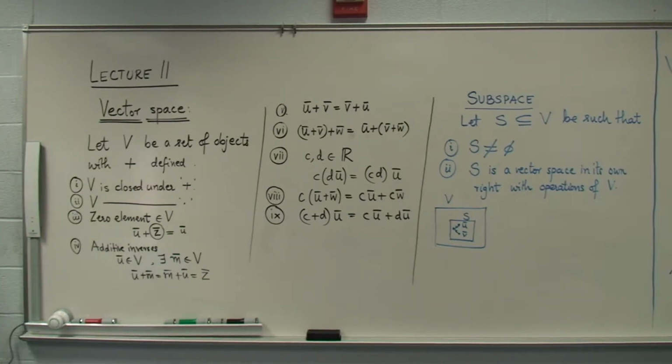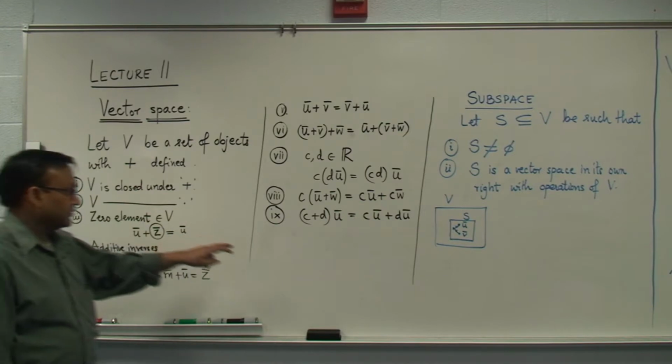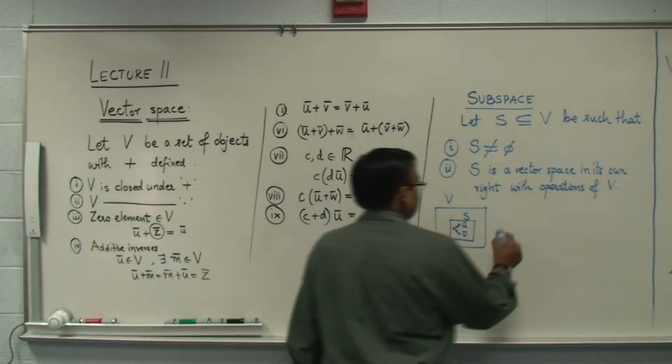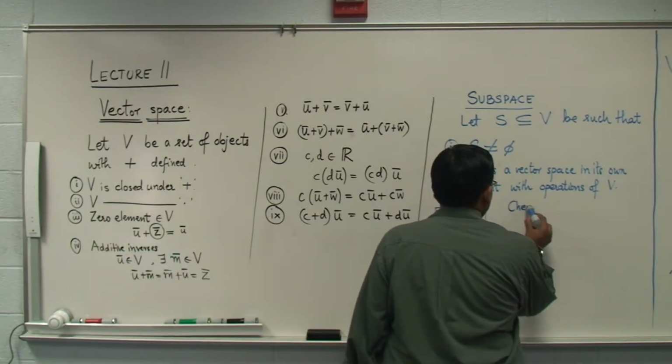The simple answer is that we only need to check a few things in this list, and that can guarantee us that something is a subspace. So firstly, let us see what things I need to check. I need to check whether the space is closed under addition or not. So these are the checks that I'm going to perform.